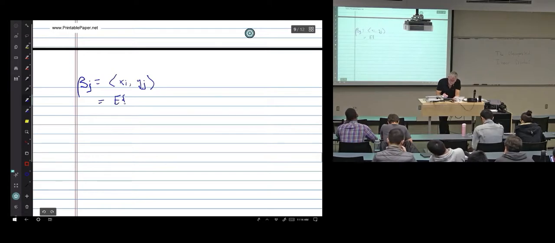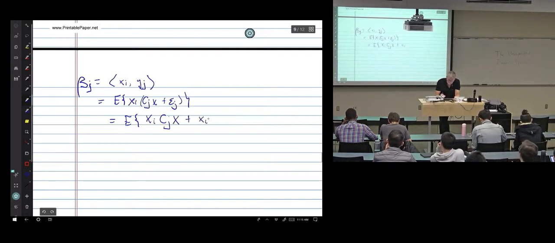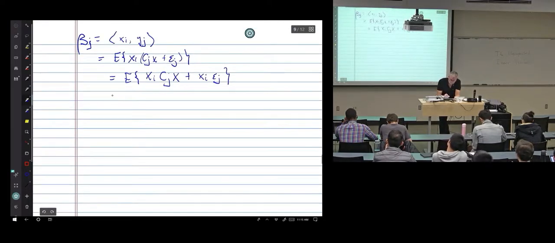Expected value of xi times Cj x plus epsilon j equals expected value of xi Cj x plus xi epsilon j.